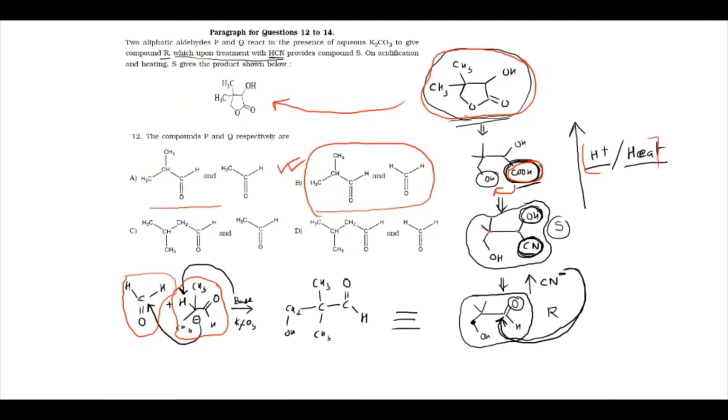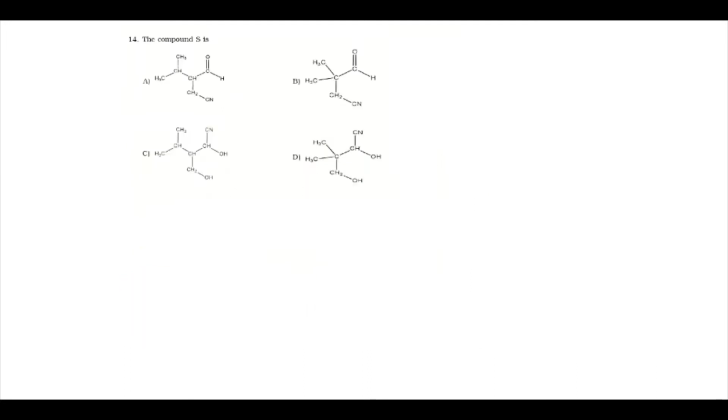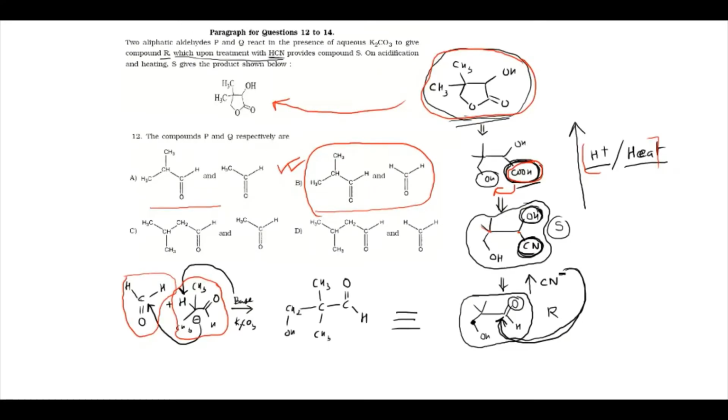Now we have to check the options. So option D, if we check option D, you can see that CN group is attached to a carbon containing a hydroxide group, and that carbon is again containing 2 CH3 and a CH2OH group. So option D is the correct one. So now from the solution of one problem, we have answered 3 questions.